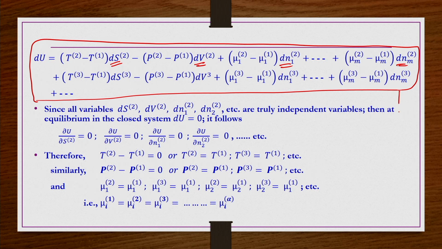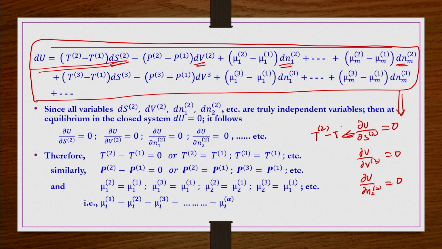That means what? ∂U/∂S2 should come 0, and similarly ∂U/∂V2 should also come to 0 because of constant volume, and ∂U/∂n2 should also come to 0. And then ∂U/∂S2, from this relation, what do you get? You will get T2 minus T1.